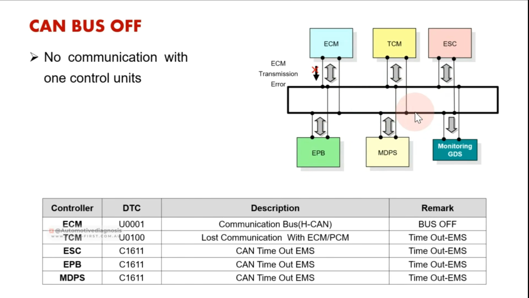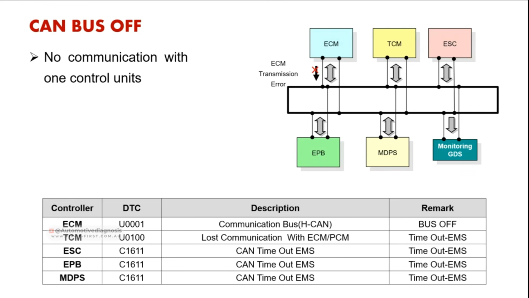But what happens when we have CAN bus off? What really happens in the car? Basically, CAN bus off DTC is the error code generated when a controller cannot transmit and receive data through the CAN communication line. Each CAN controller has a feature that can count transmission and reception errors. If a controller detects bus off status, it resets within a preset time and restarts communication.